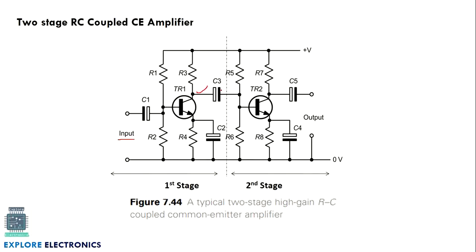We are using a capacitor here. C3 couples the two stages. The second stage, you can see, is just a replica of the first stage, and this is the output we get from the second stage. By connecting the amplifiers like this, we can increase the gain of the amplifier.